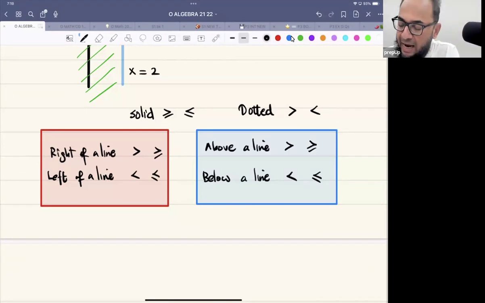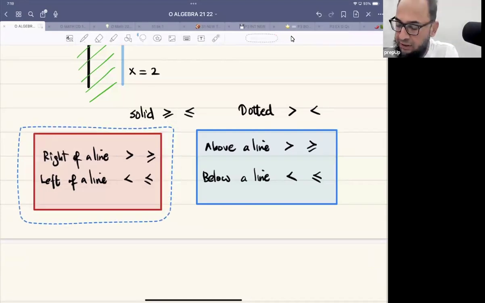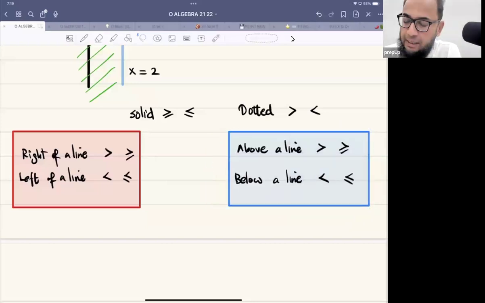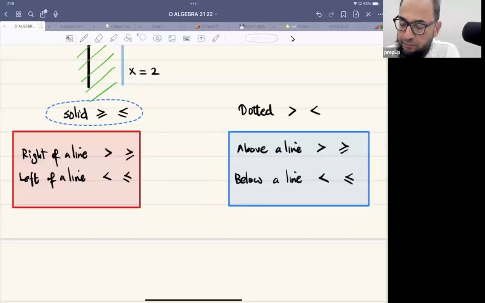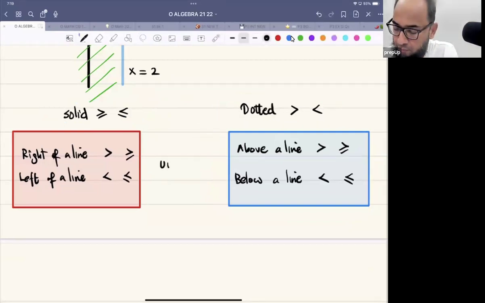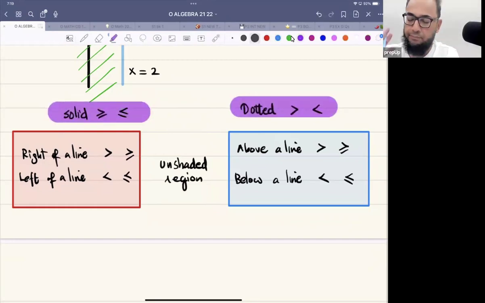So this is the unshaded region. Let me just focus on this. We are talking about the unshaded region, and this thing is there, solid, dotted. All good?